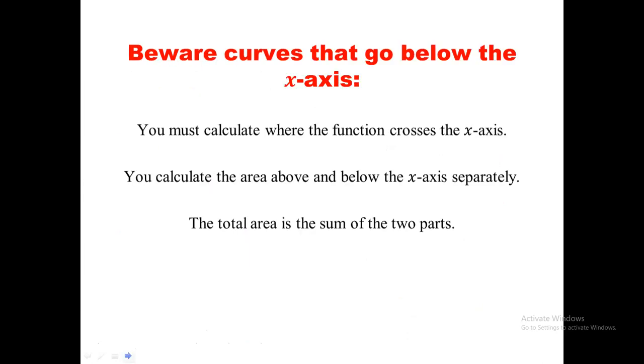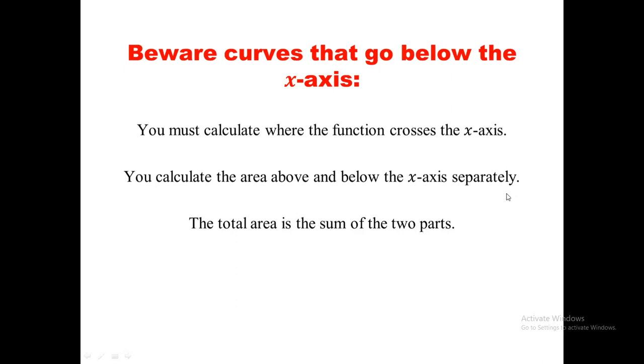Now, beware of curves that go below the x-axis. You must calculate where the function crosses the x-axis, and this is the part where you need to determine the point or points of intersection of your curve on the x-axis. You need to calculate the area above and below the x-axis, take note, separately.